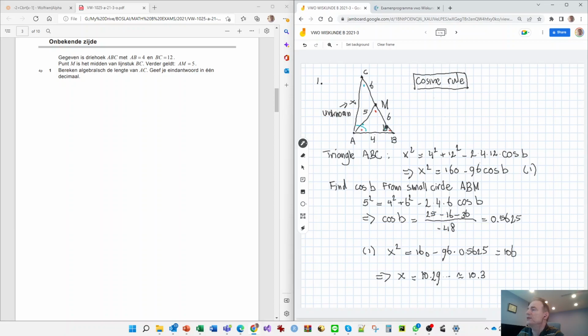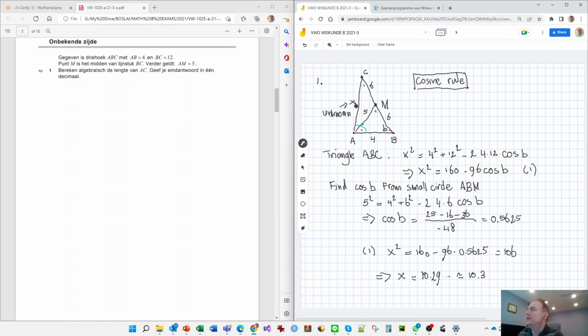And since you know this, we can now apply the same cosine rule for the larger triangle. And again you have the angle B and the opposite segment X here. Now you apply it with the shared segment of length 4 here and the complete segment length of 12.